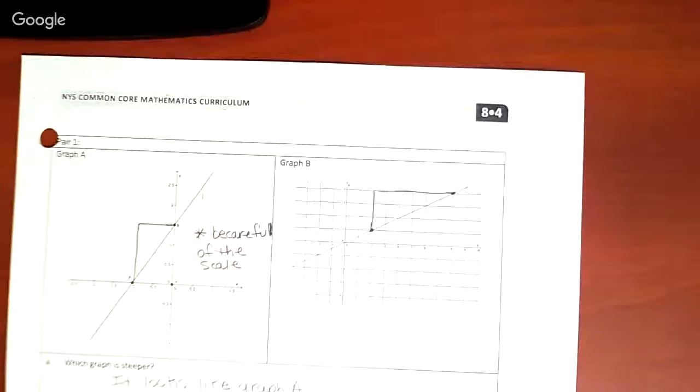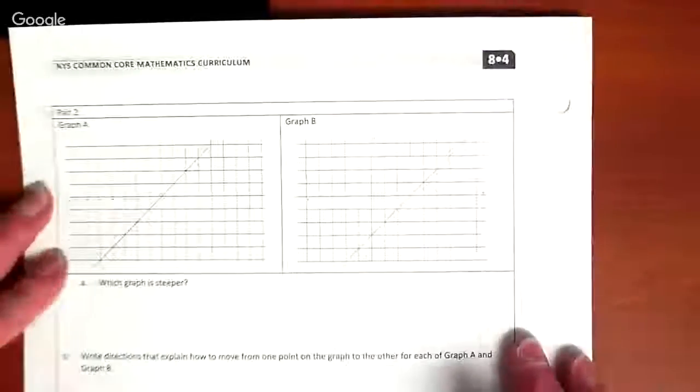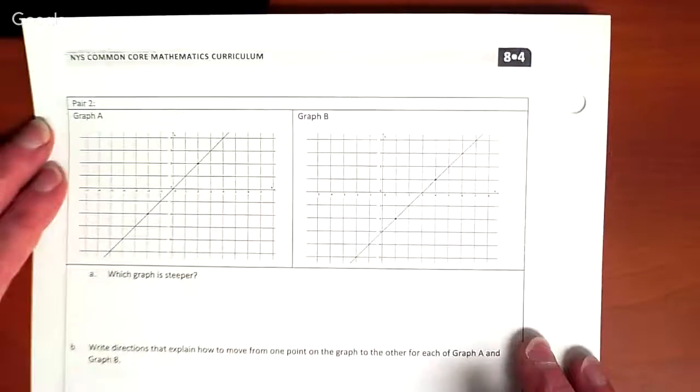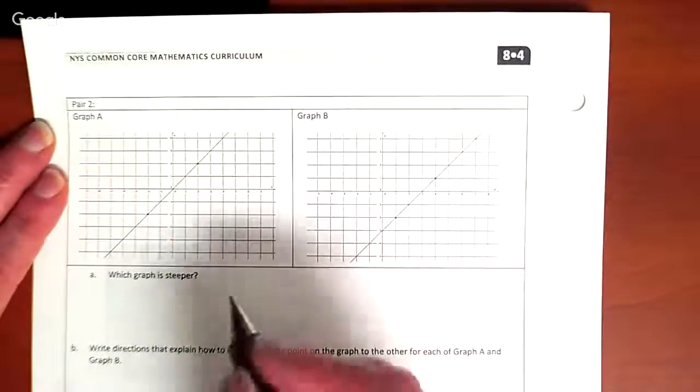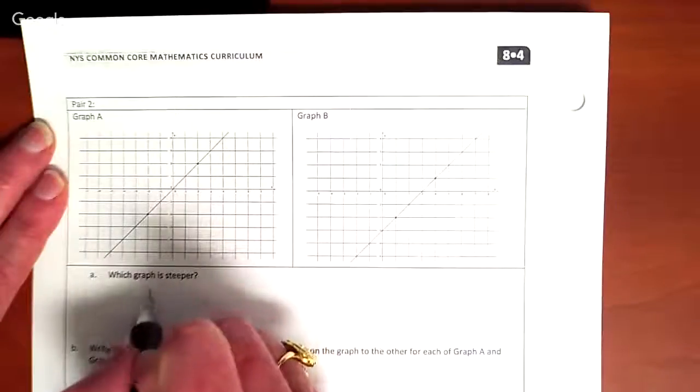So next, if we look at these two graphs, they look about the same steepness.